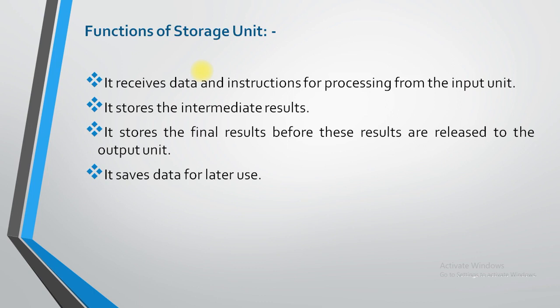After that it produces the final result, in the form of human understandable language, and at last it saves the data for later use. So if you want to refer to that data in the future, or when there is a requirement for older data, it can be retrieved using the storage unit. So you can store the data inside the storage unit.